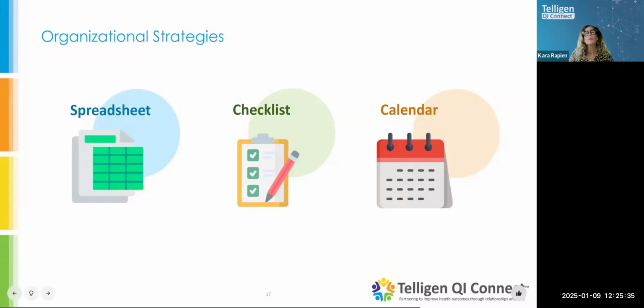As we go through all of these different organization strategies, I just want you to remember, infection prevention and control does not stop if you are out sick, as you guys probably know. Someone needs to continue that work. And as we mentioned in our part one session, having a backup person is important, and it's something that you should at least consider.